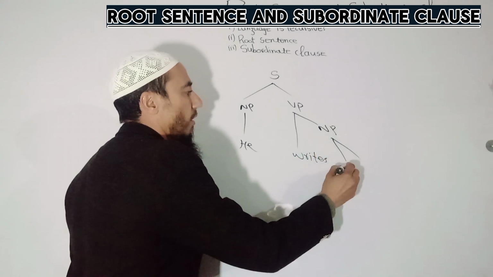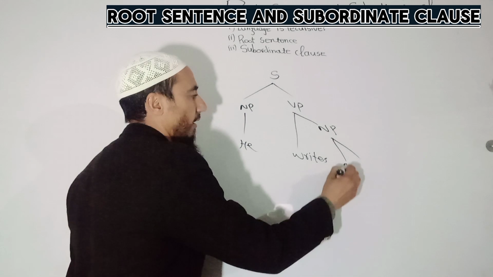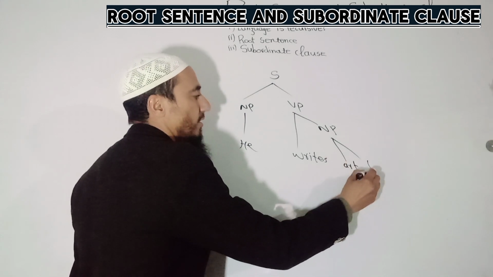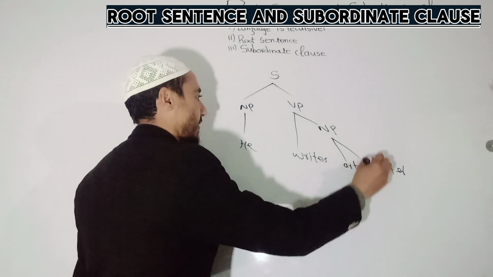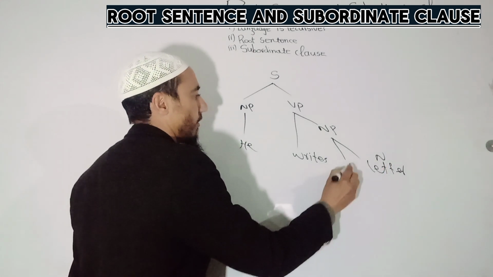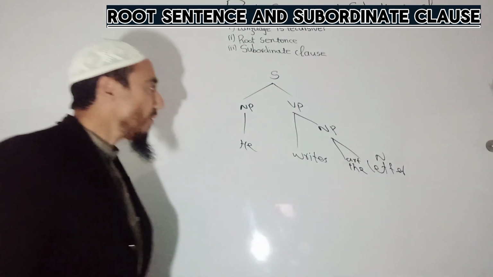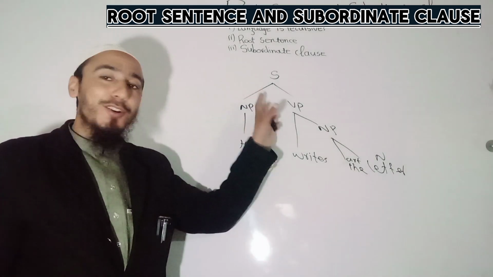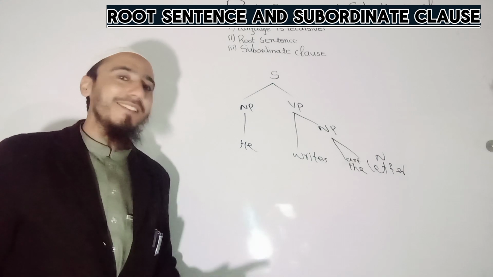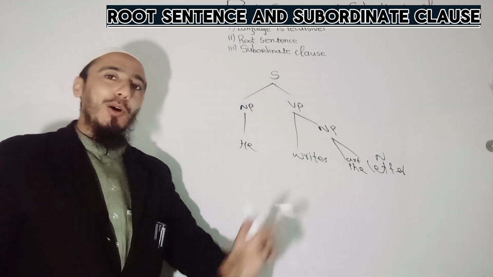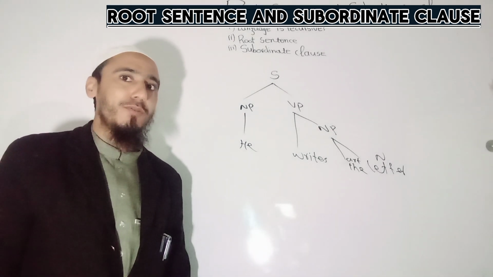In NP we have article, that is a, and then we have letter, that is N. So here that is called root sentence. Root sentence is a sentence where all the nodes grow downwards.